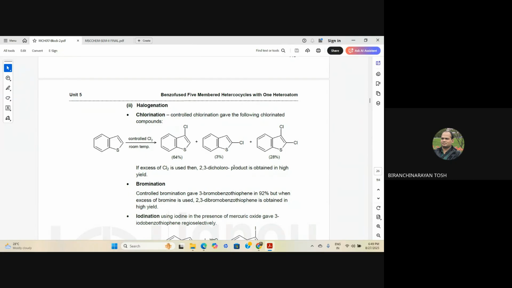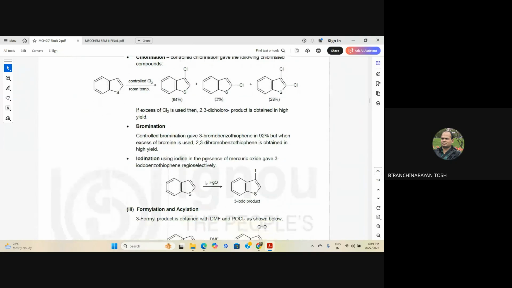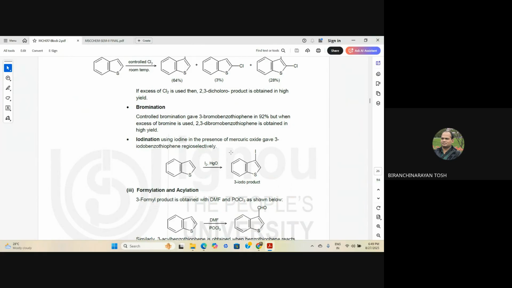Regarding bromination, controlled bromination gives 3-bromobenzothiophene in high yield, but when excess bromine is used, 2,3-dibromobenzothiophene is obtained in high yield. But iodination, as iodine is less reactive, in the presence of mercuric oxide gives 3-iodobenzothiophene regioselectively.